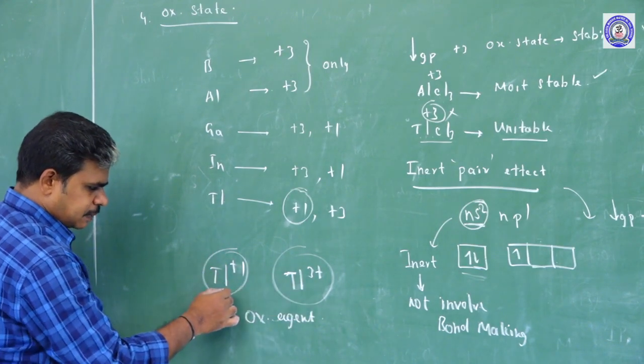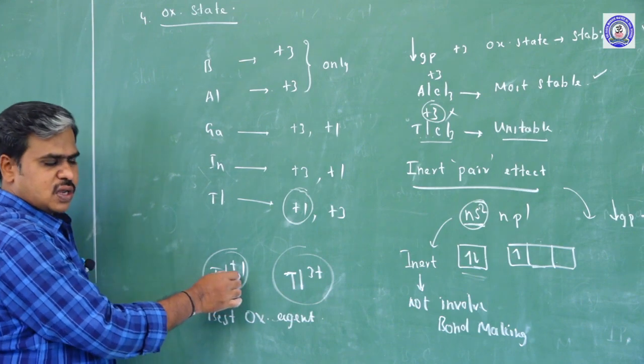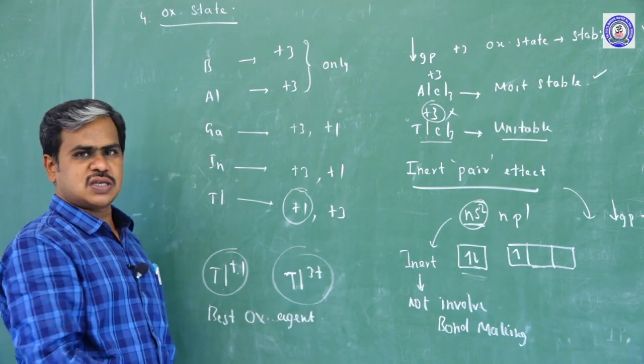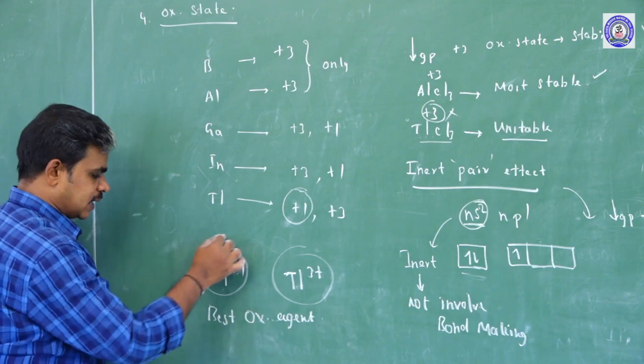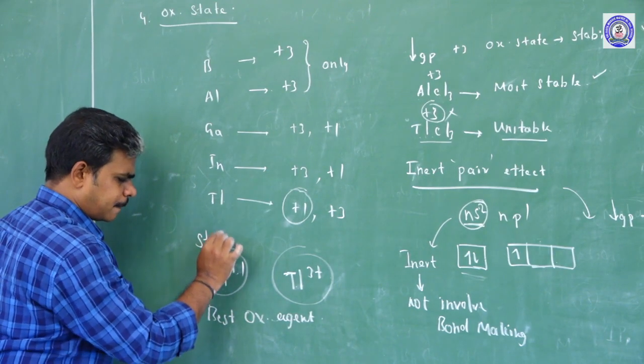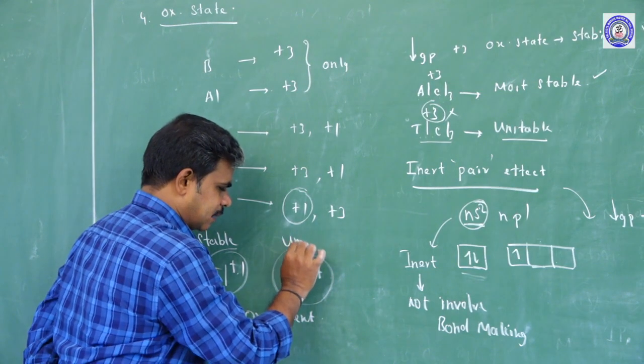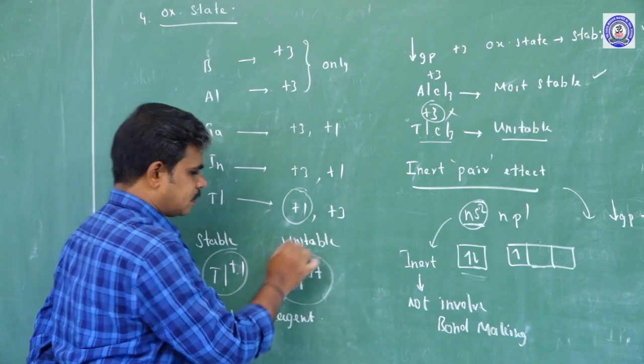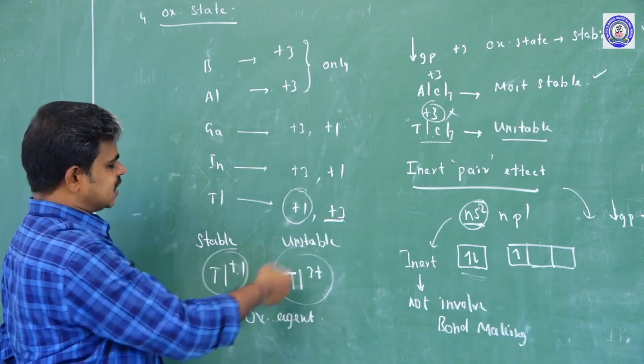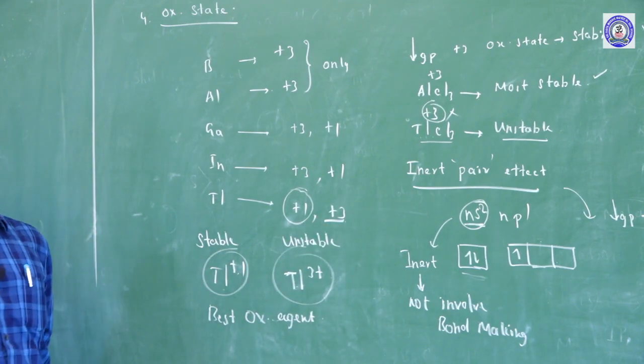Comparing the stability of the Tl+1 and Tl+3 oxidation states, which one is more stable? The +1 state is stable because of the inert pair effect, and the +3 state is unstable down the group.